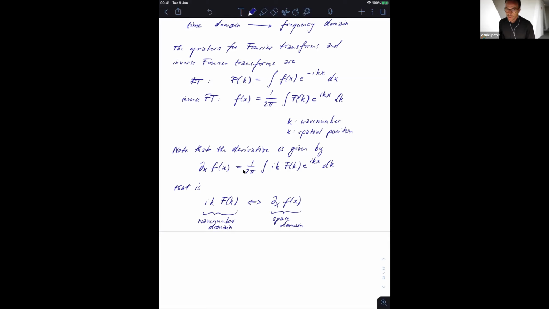So what we do in order to find an approximation to the spatial derivative, we transform the function with the Fourier transform into the wave number domain. Then take the exact derivative, just by multiplying with ik, and then transform it back into the space domain.